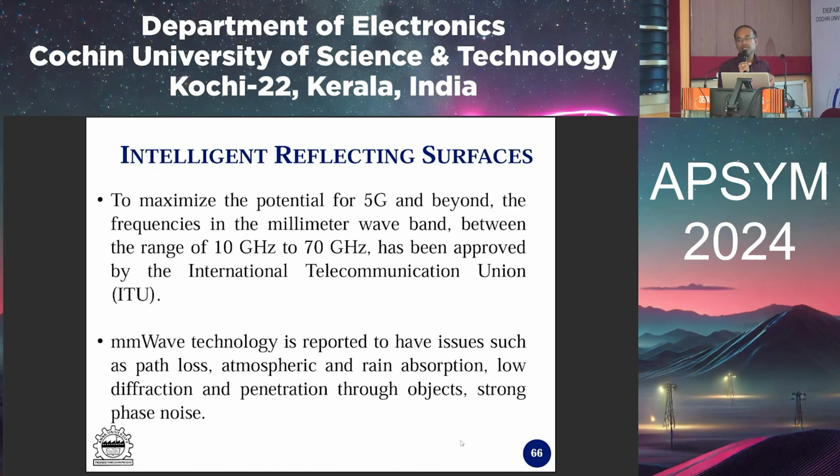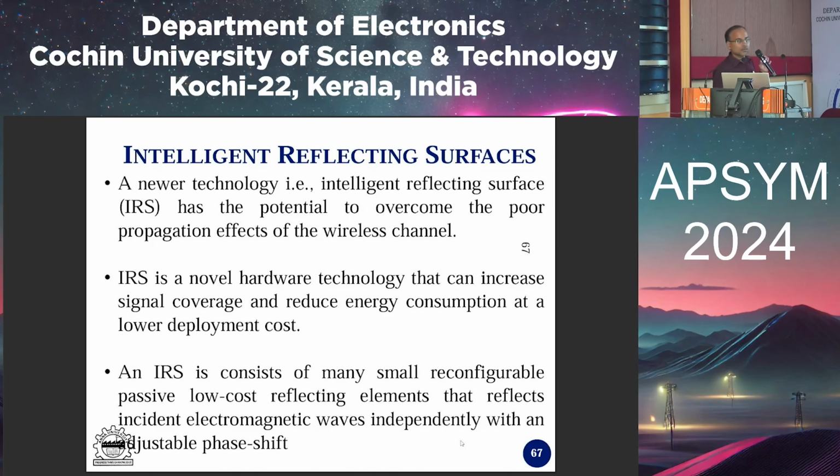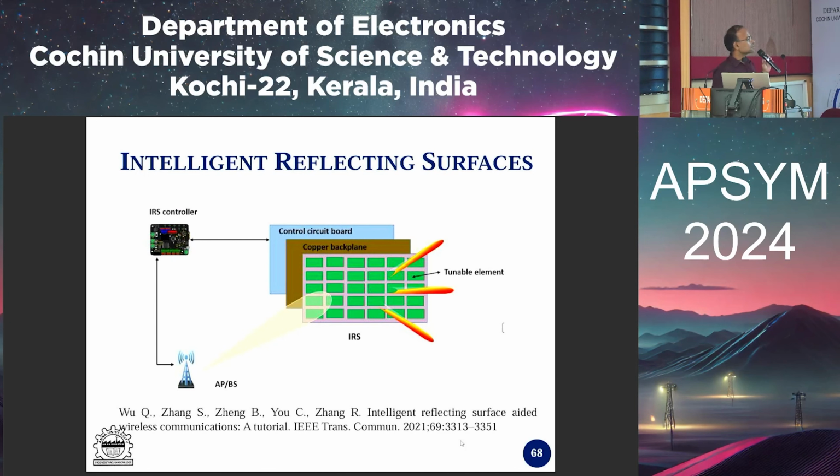So this is called intelligent reflecting surfaces. You could see so many papers coming out with this IRS. When we go for millimeter wave technology or the FR2 bands, it has the potential to overcome the poor propagation effects of the wireless channel. So yeah, this is the idea behind this IRS implementation.